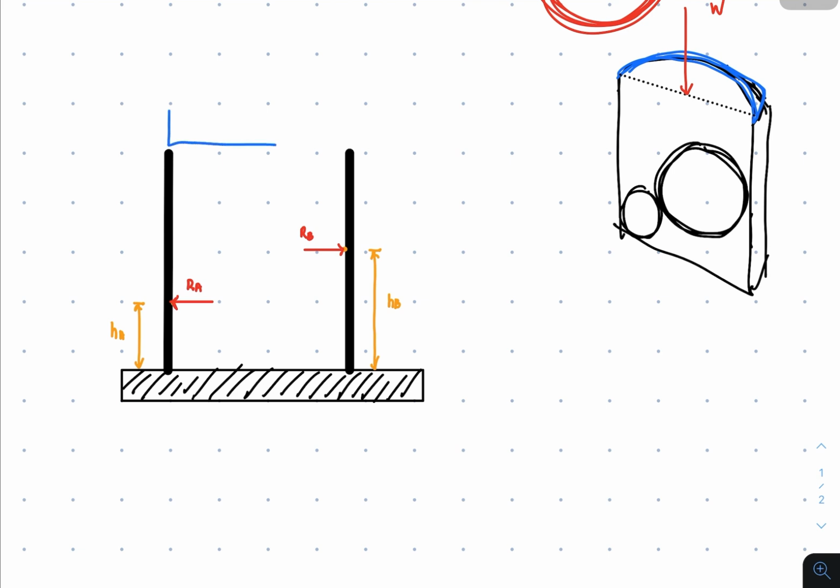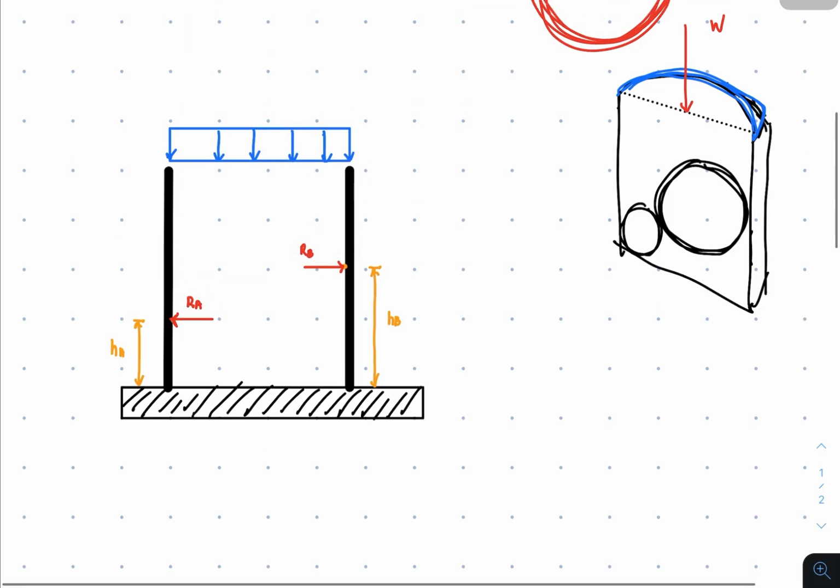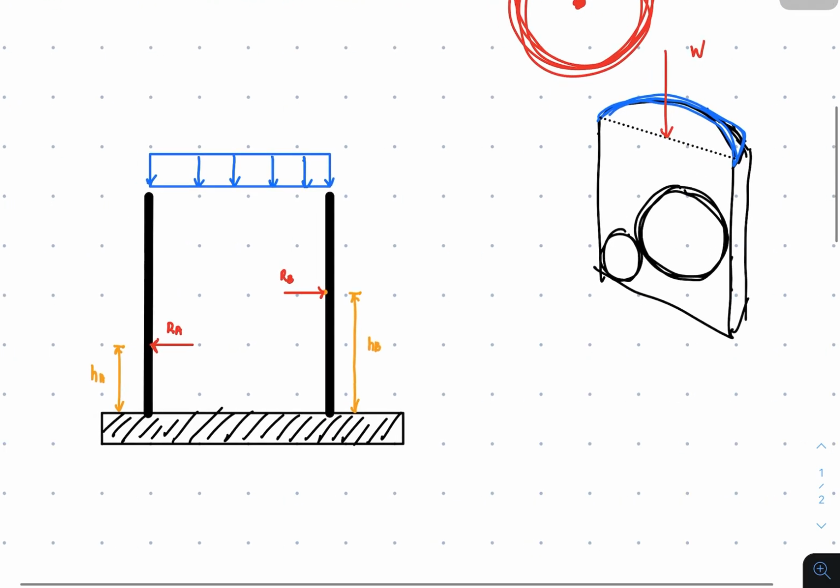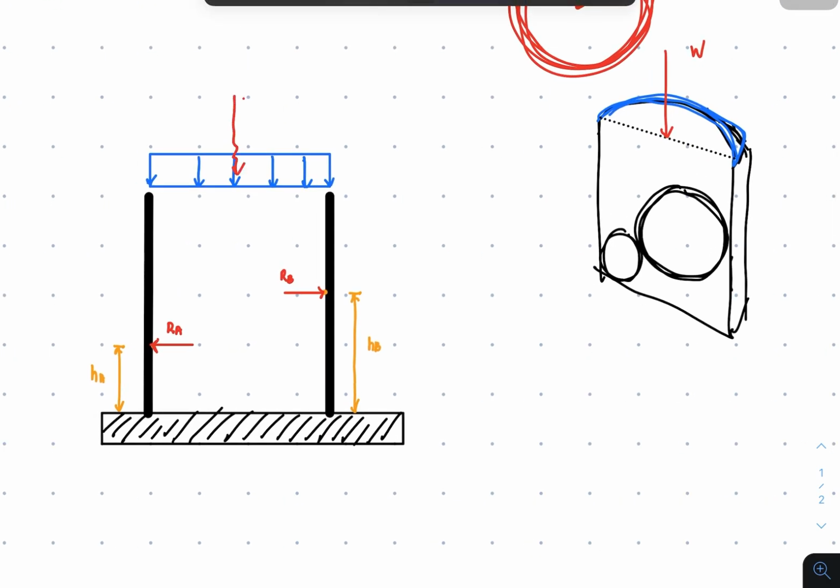Since we have agreed that the weight of the cylinder would always be uniform, because it's uniform all throughout its container, I'll represent the uniform weight like that. So the weight of the cylinder is acted at the center.